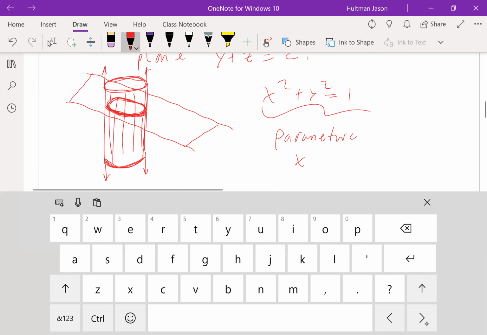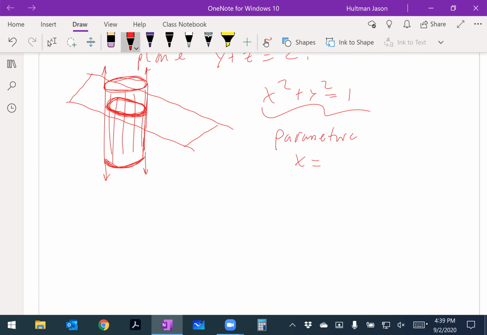Would you use sine squared of t plus cosine squared of t? Yes, absolutely. So you would say that x is equal to cosine t and y is equal to sine t, because isn't cosine squared plus sine squared equal to 1? Kind of like turning it into polar coordinates. We're parametrizing this.